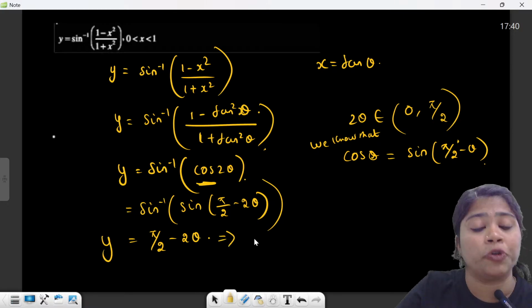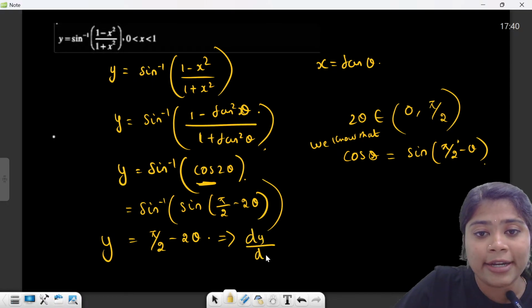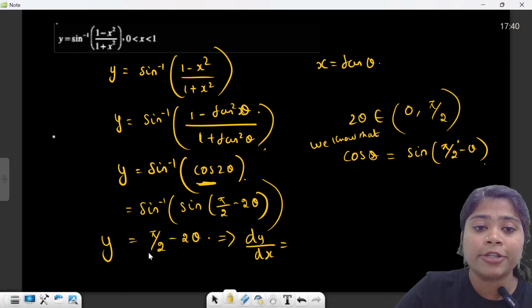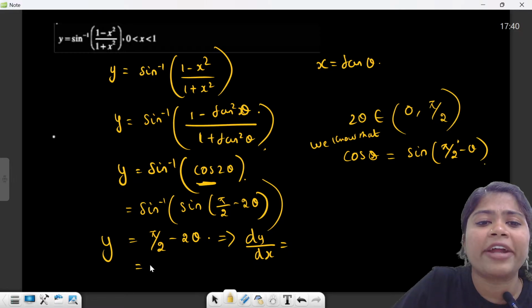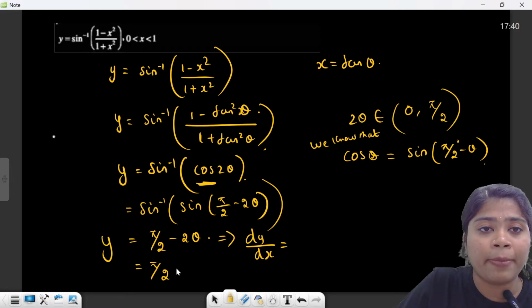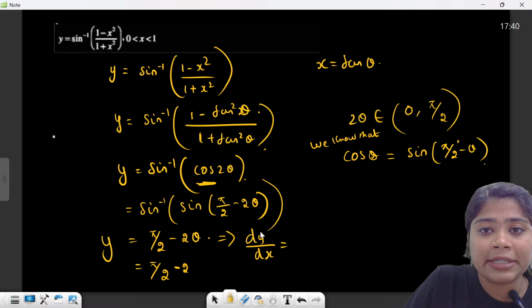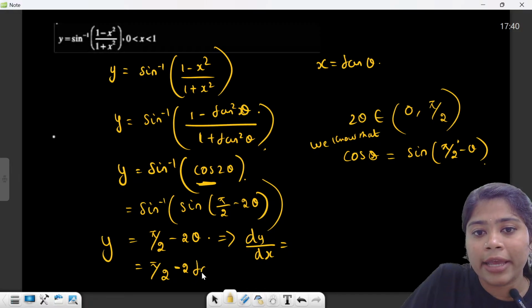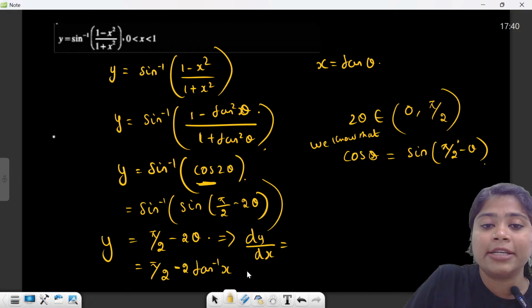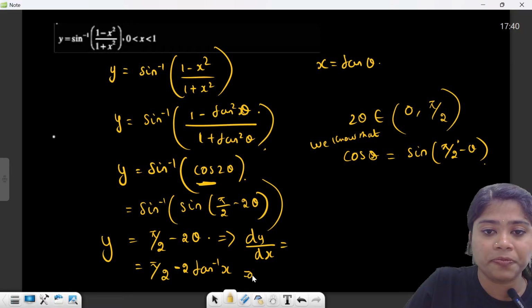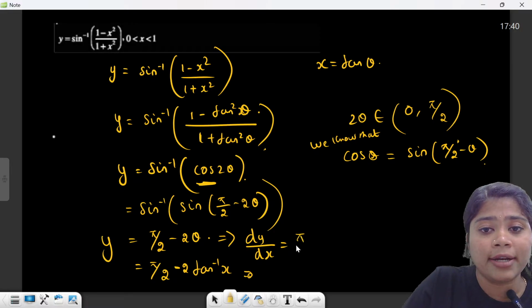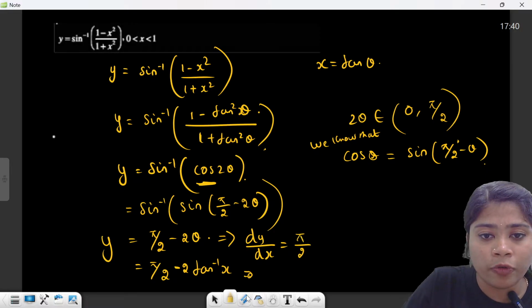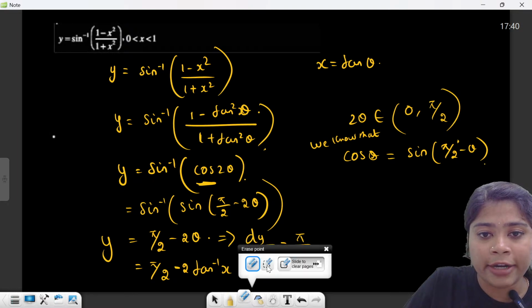Now what do you want to do? dy by dx is equal to, you want to differentiate this. So try to write it in terms of x: pi by 2 minus 2 into tan inverse of x. Wait a second, we are differentiating here.